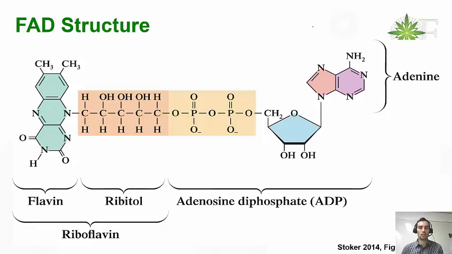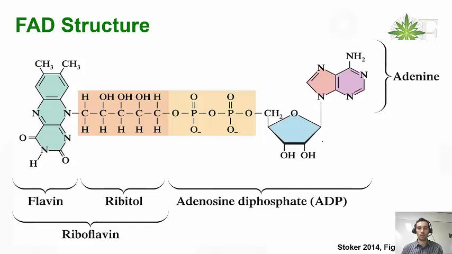So we don't need to know it in this much detail, but just to show you exactly what these components are. So we've got our components that we've seen many times before. We've got our purine nitrogen containing base at the end here, being adenine.